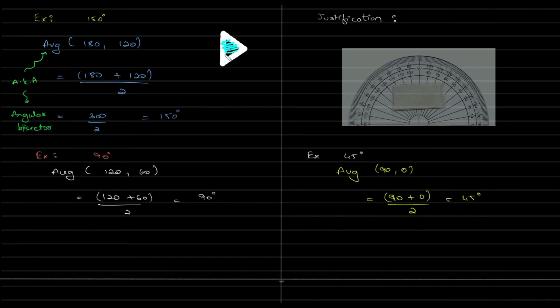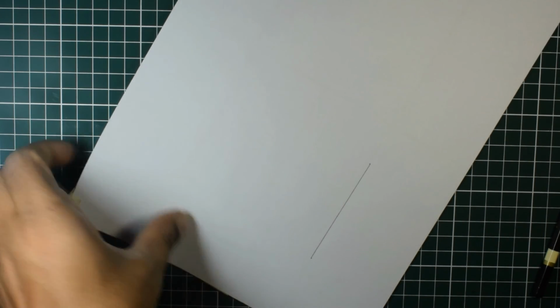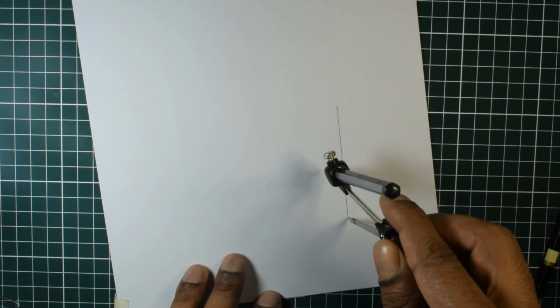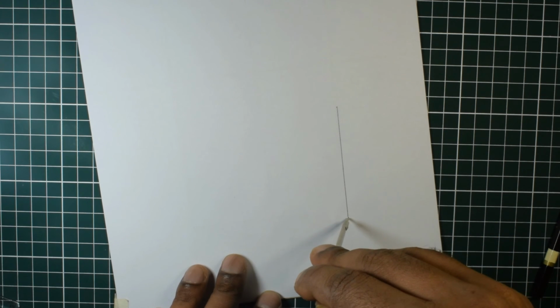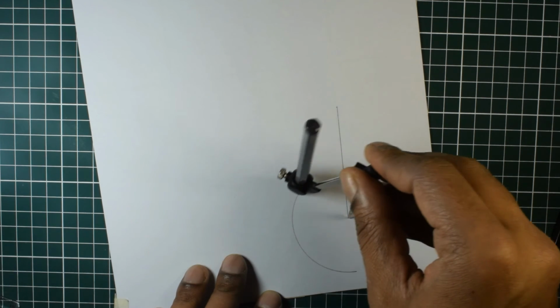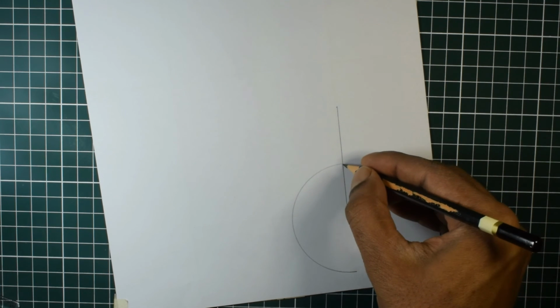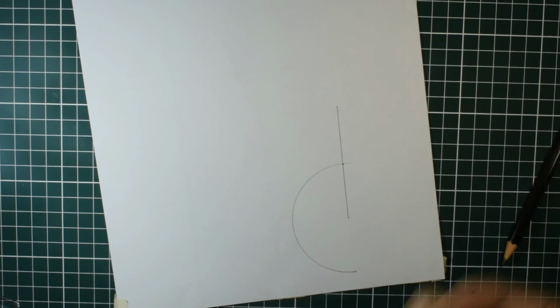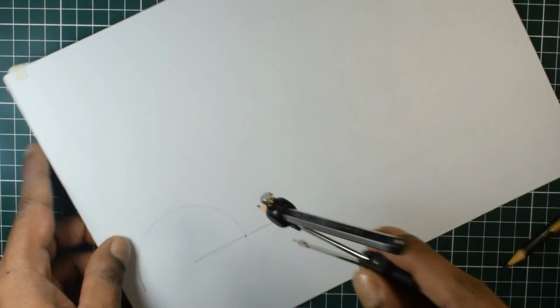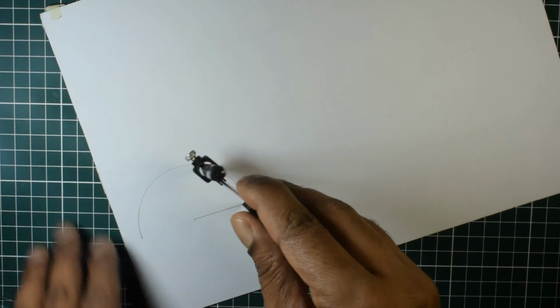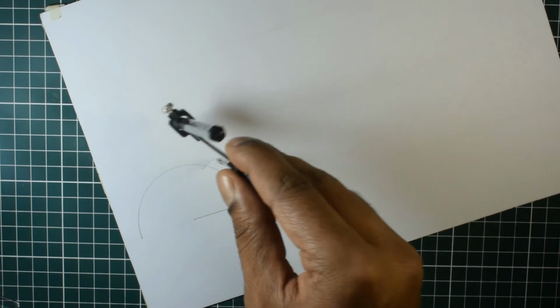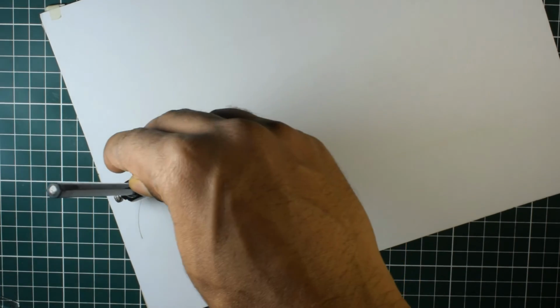So practically we'll see how is that we get to do it on a sheet of paper. So as you can see, we have an initial arm, so first thing is we are drawing an arc. So with the point of intersection of the line and the arc, draw one more arc, and one more arc.